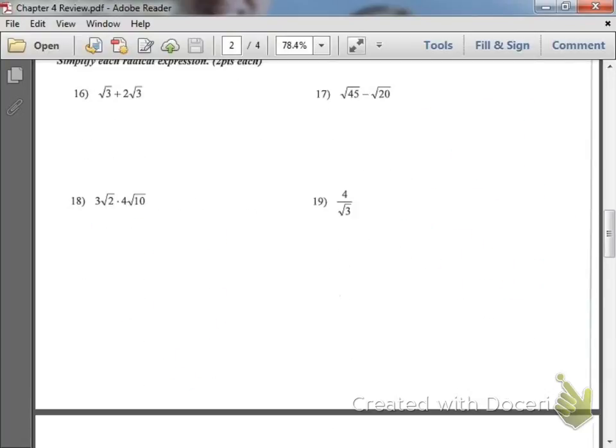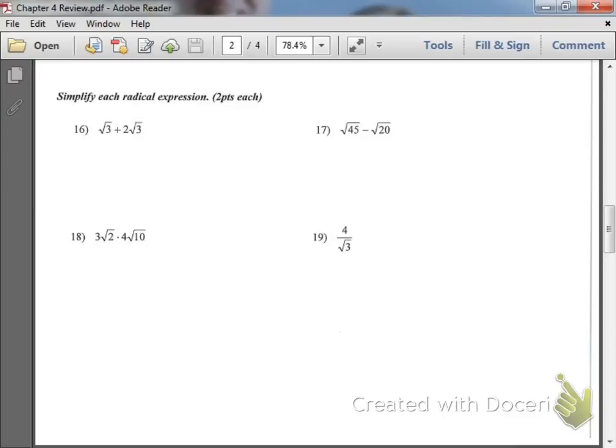All right, next section, this is where we add, subtract, multiply, and divide radicals. You have one of each. When you're adding them, what are you looking for? The number that's in the radical? Yeah, so the numbers that are inside the radicals have to match.